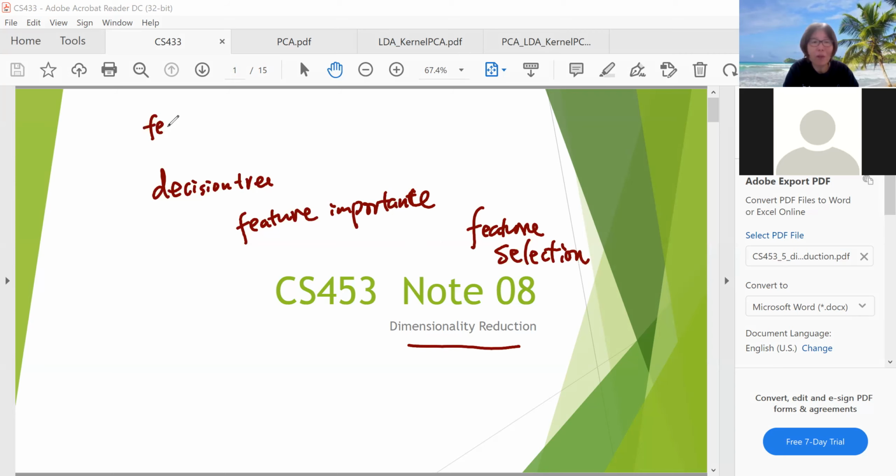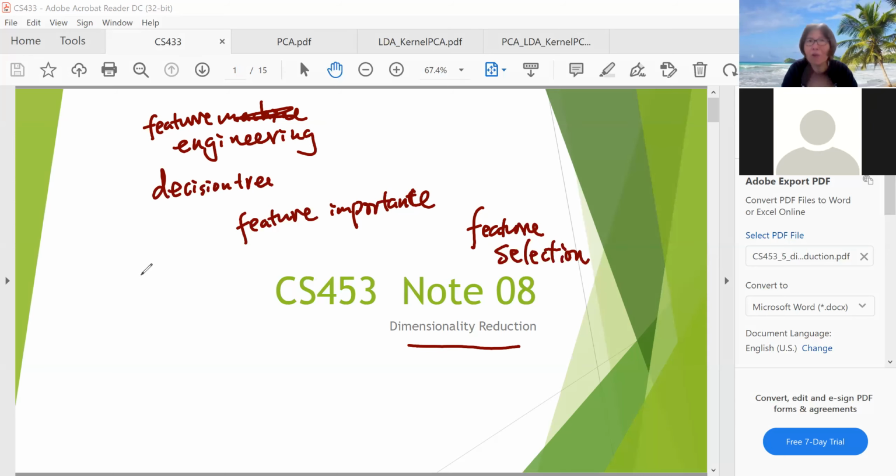Basically, it's part of feature engineering in machine learning. It is also part of data analytics and machine learning. It is itself a topic, and feature selection is part of it.